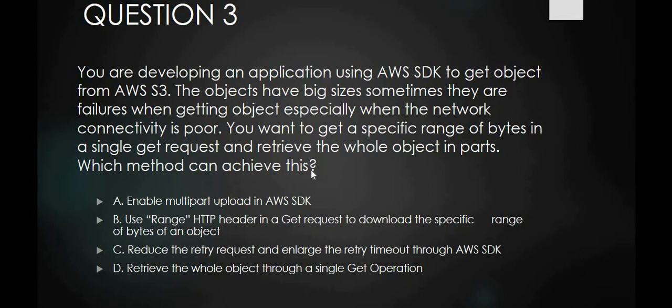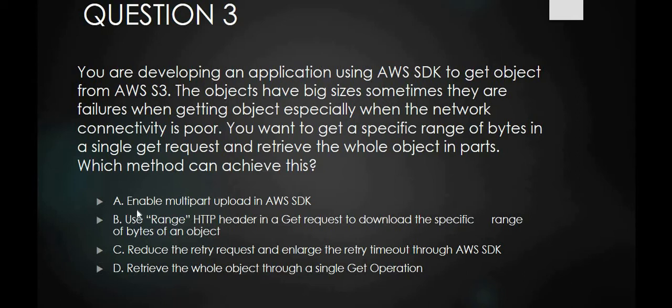For example, if this object is 20 MB, maybe the first download should just be 1 MB or something. That is what you want to do. So how can you achieve this in AWS?